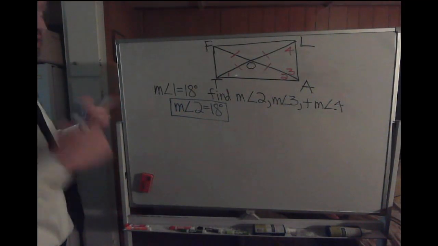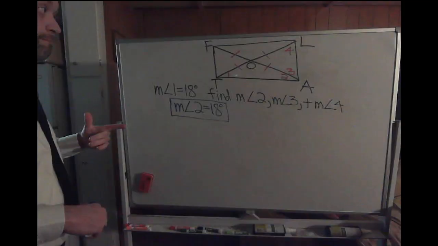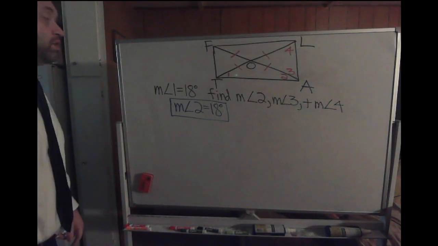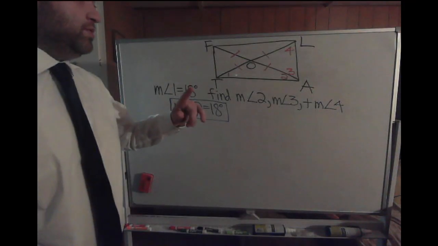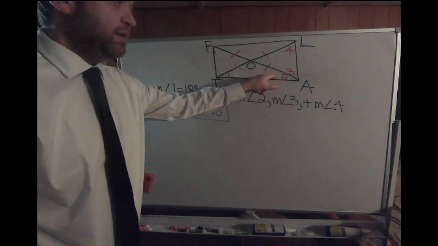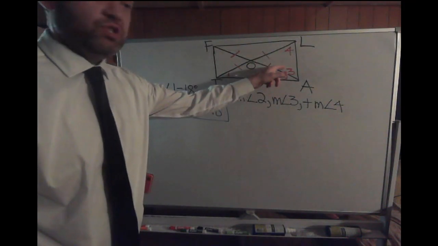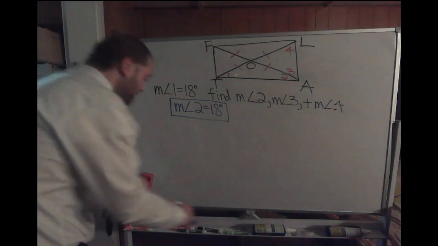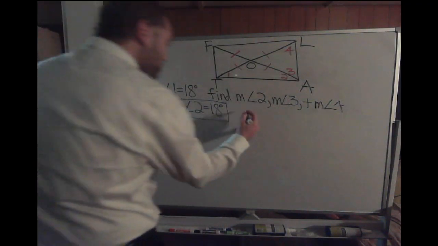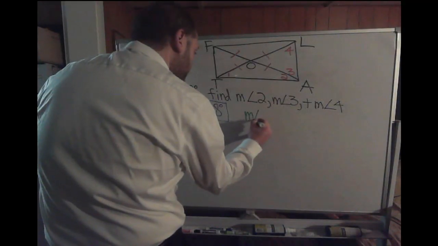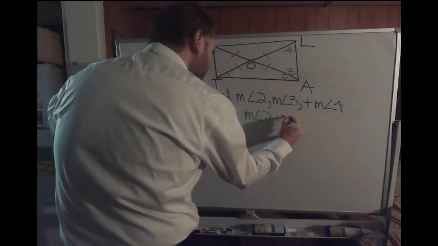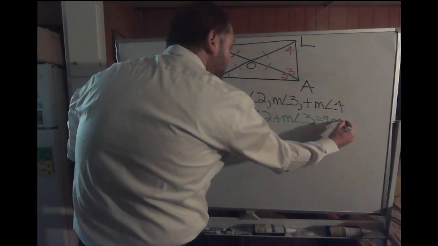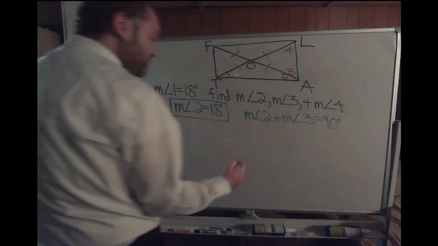Alright, now let's go on to angle 3. Angle 3, however, we know one thing about rectangles. They have 4 right angles, right? So isn't it true that the measure of angle 2 plus the measure of angle 3 would equal 90 to give you the measure of angle A? So let's illustrate that. The measure of angle 2 plus the measure of angle 3 would have to equal 90. In other words, they're complementary angles.